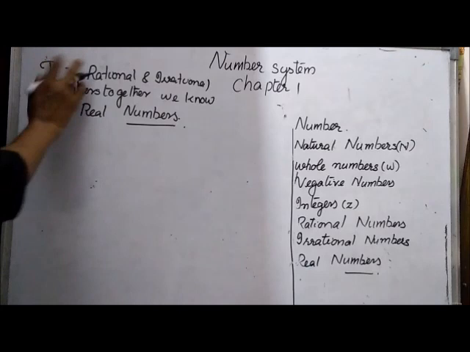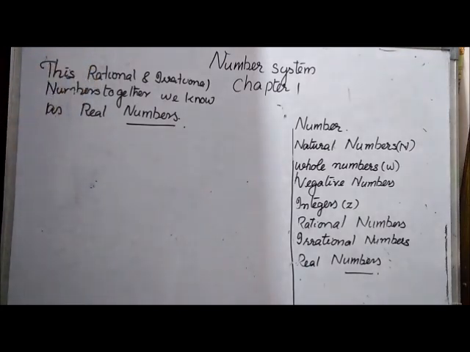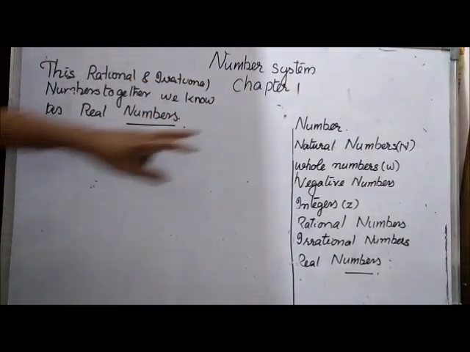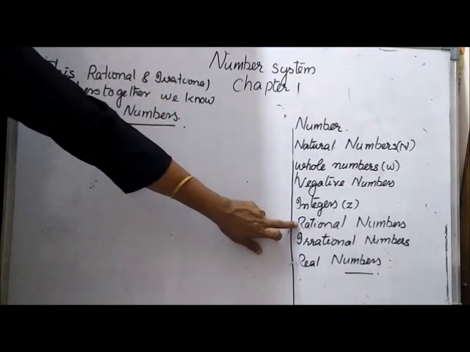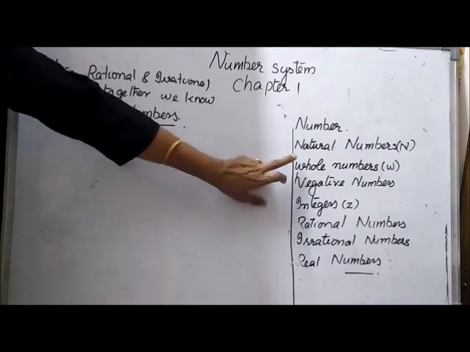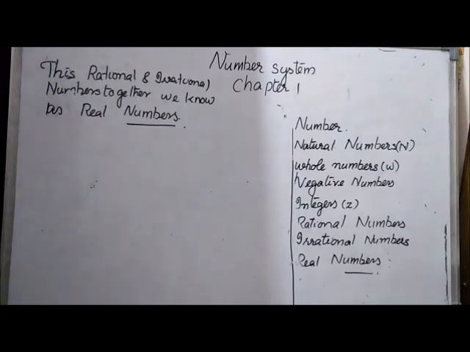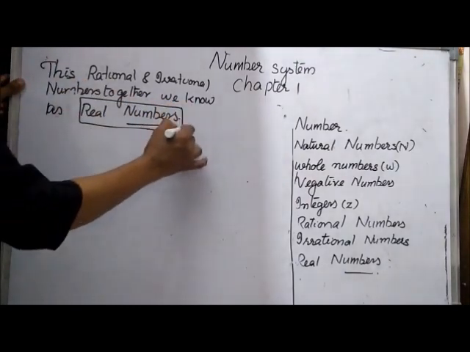Now rational numbers and irrational numbers together are known as real numbers. That means in real numbers, all the number systems which we have already learned are included. Natural numbers, whole numbers, negative numbers, integers, fractions, decimals, and irrational numbers, all these numbers are included in our real numbers.